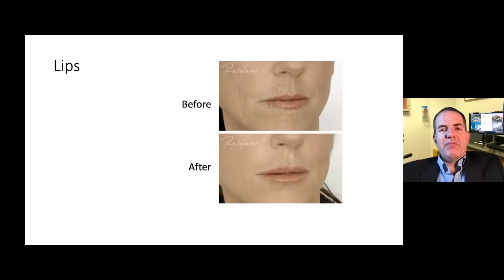Again, with lips, I think it's super important to be really conservative, to improve it a little bit, but to not get that overly filled duck type appearance of the lip. I have refused to do really massive lip augmentation because I just don't think it looks good.